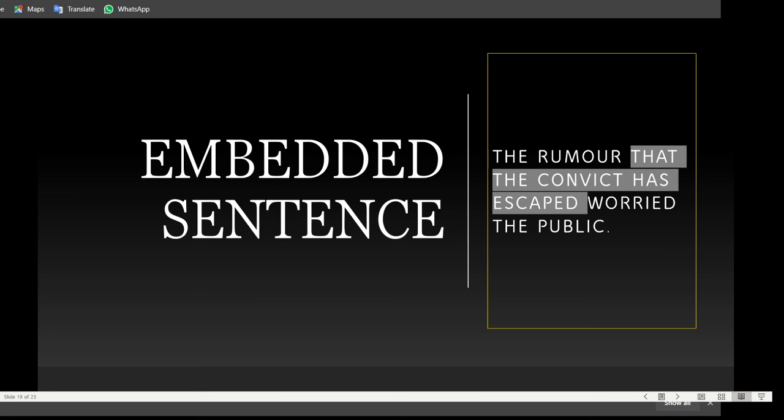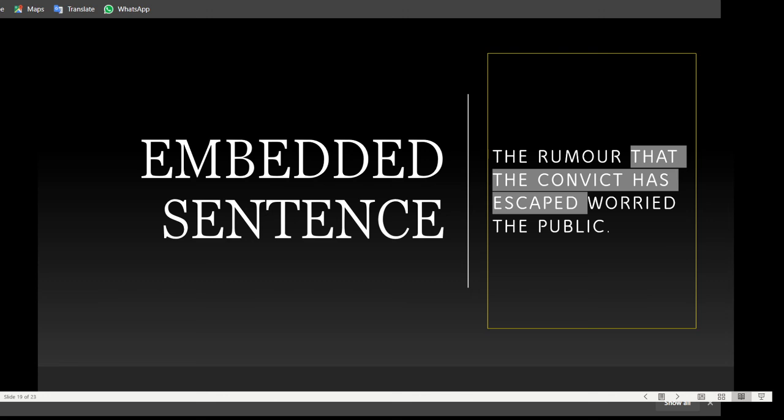That the convict has escaped is a full construction because it has both the noun phrase and the verb phrase. The convict is a noun phrase, has escaped is the verb phrase. So binary division is again not possible in an embedded sentence.